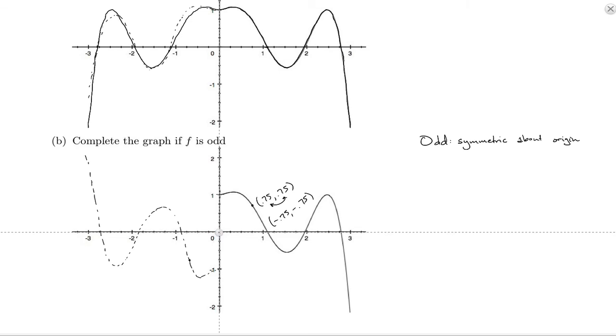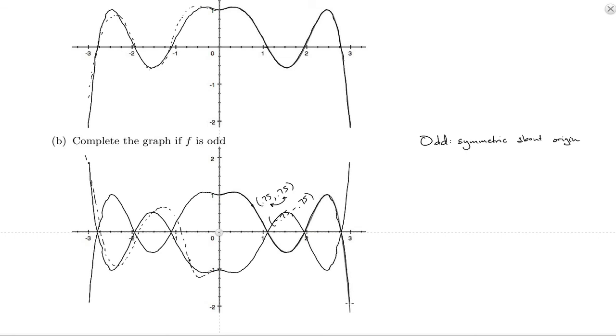It's going to put it in all 4 different quadrants here as I trace this, but I'm going to erase what I don't need. Oops.